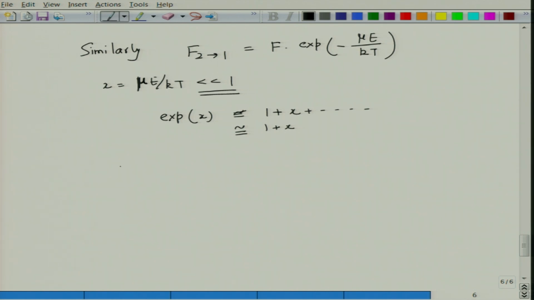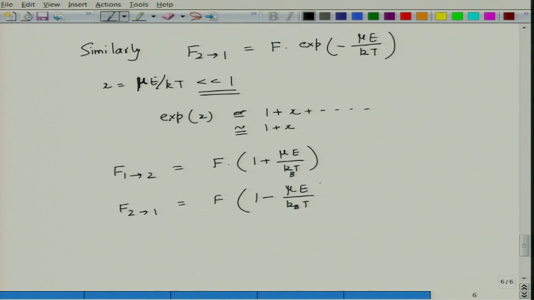So, as a result, we can write F12 will be equal to F into (1 plus mu E by kBT) and F21 will be equal to F into (1 minus mu E divided by kBT). Okay. So, this is the approximation that we make.